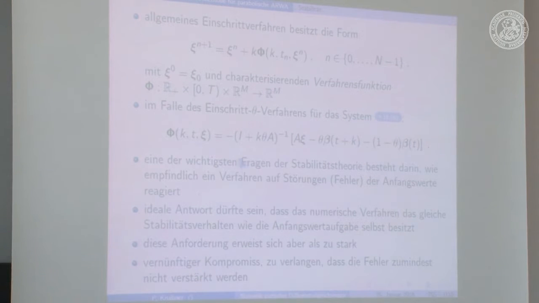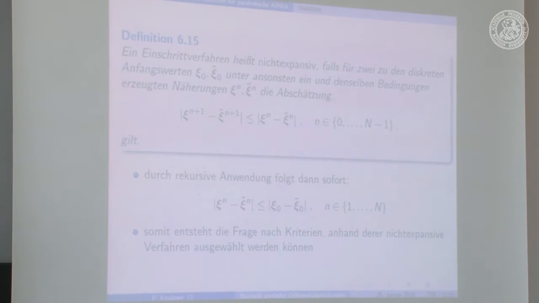We have here to evaluate an inverse matrix. That is, we have to resolve a set of equations, which is subject to perturbation by measurement, but of course also by rounding errors. We want to have that this perturbation is not enlarged, is not enhanced.